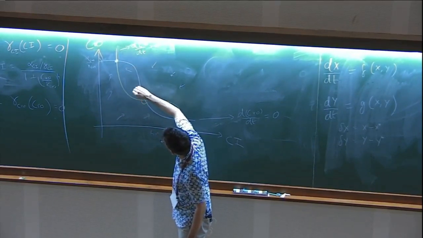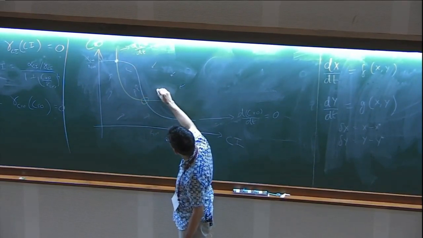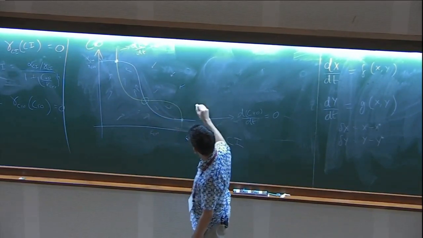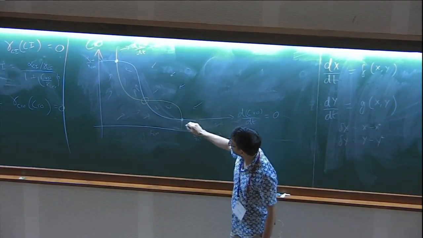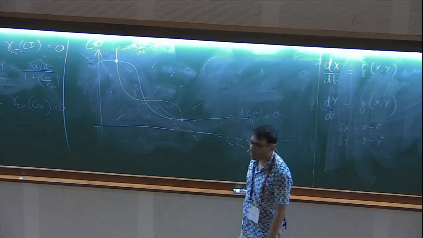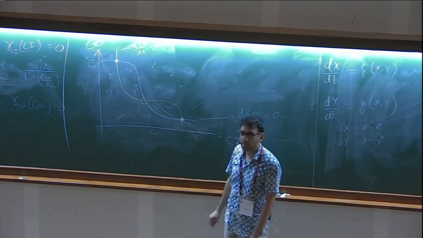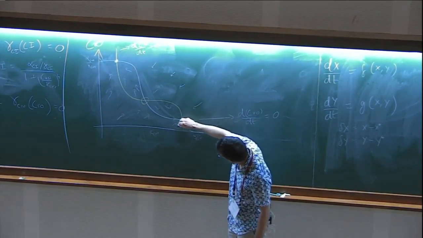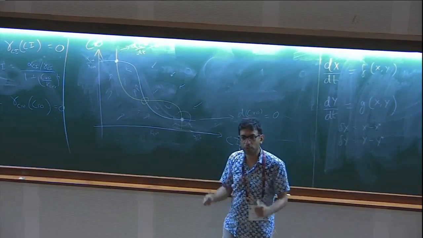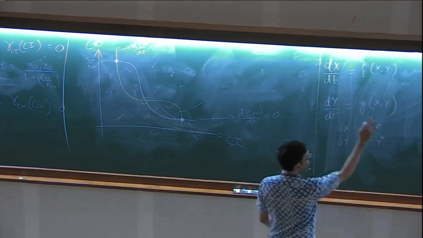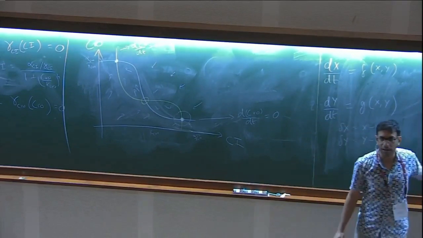And the question is, if you are looking very close to a fixed point, one of these steady states, where are the arrows pointing? So here I've drawn out a set of arrows, and you're interested in whether this is stable. You want to look in a little region around this and ask, are all the arrows pointing in? Or are some of the arrows pointing out? And all this mathematics just tells you that.